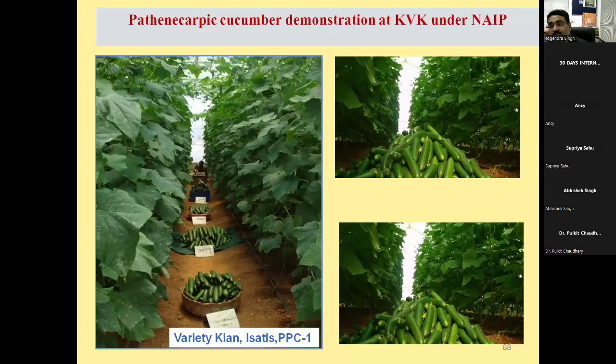And the cost of cultivation is near about 12 to 13 lakh rupees per one acre. So cutting off the 50%, we can save net return. So this is much more beneficial. So this is a very commercial crop under protected cultivation technology.